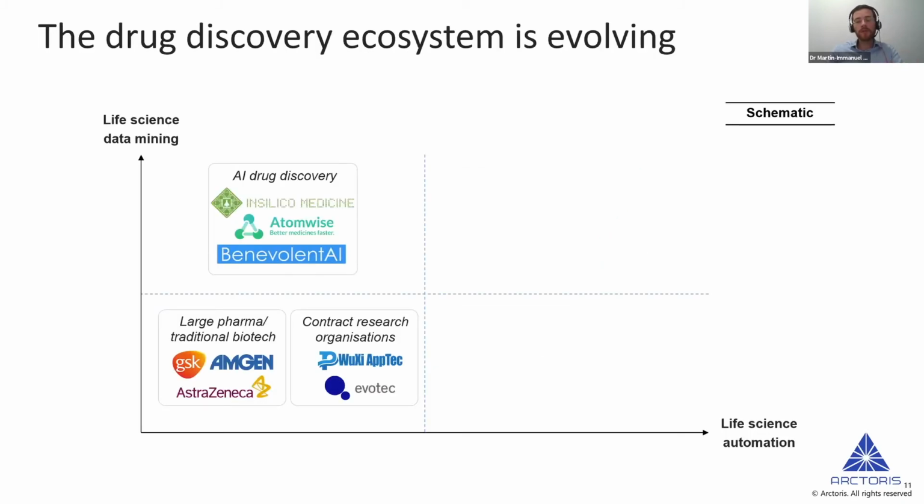So we can then map these companies in the schematic we've just seen, where the AI-driven companies, Atomwise, Insilico, Benevolent, can be put into the top left-hand quadrant, where data mining and AI capabilities play a substantial role.